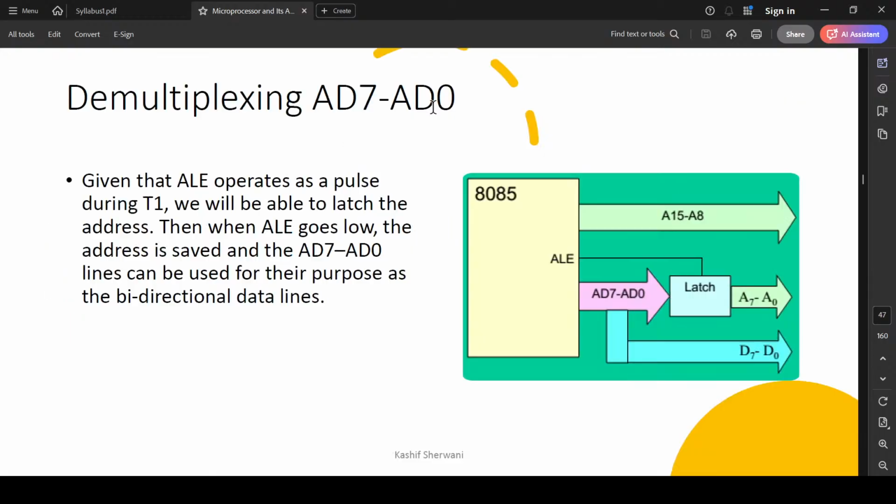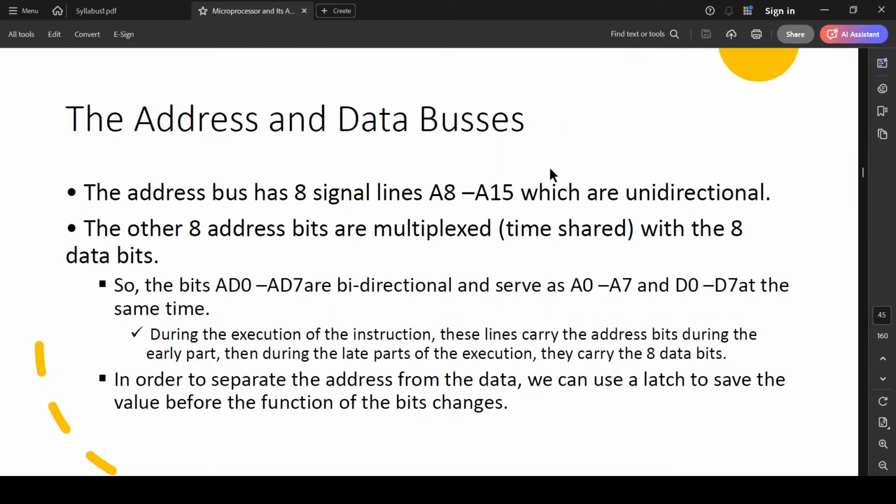So I'm getting serious. What happened till here is there were two types of address and data bus, and there were 16 signal lines compacted with each other. Eight of them were unidirectional, A8 to A15, and eight of them were bidirectional. In order to use them as bidirectional data lines, we have to multiplex and demultiplex.